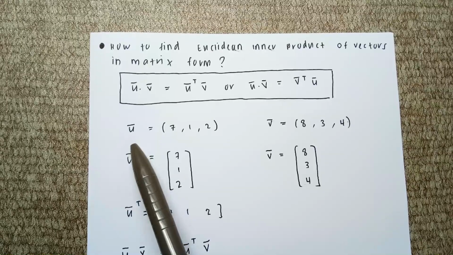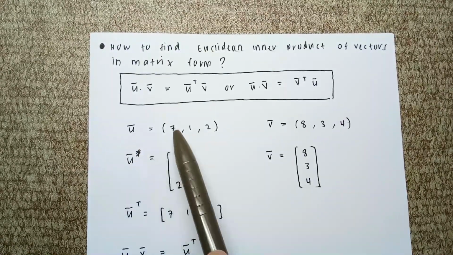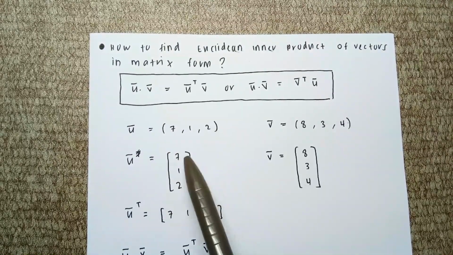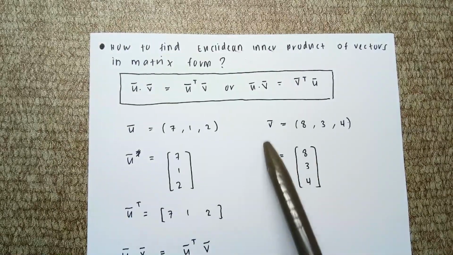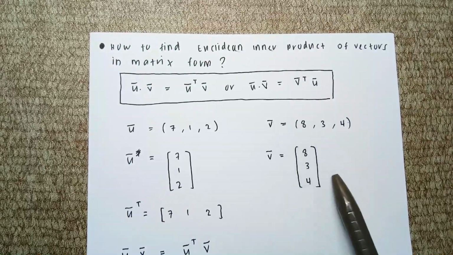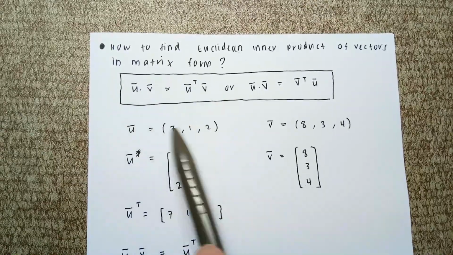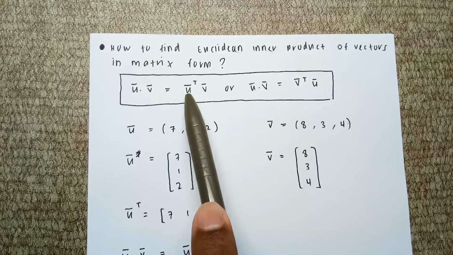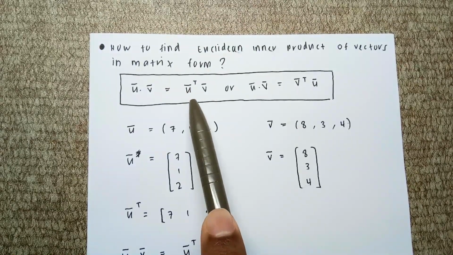So, like I said to you guys previously, we just need to put the 7, 1 and 2 into different rows. And so it goes to this one. Based on this formula, if we choose this formula, we need to have u transpose. So how to find the u transpose?